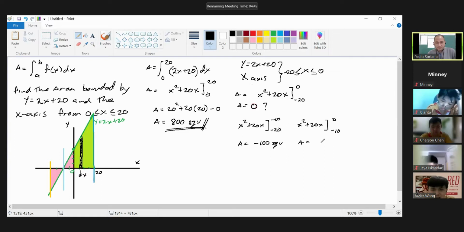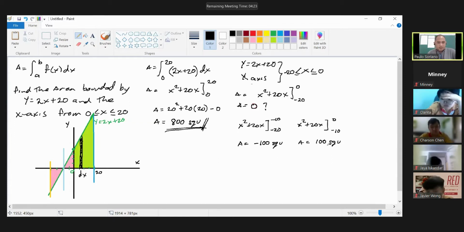Yeah. Remember, upper limit minus lower limit. It will give you 100 square units. Correct? Okay. So what does this investigation tell us?